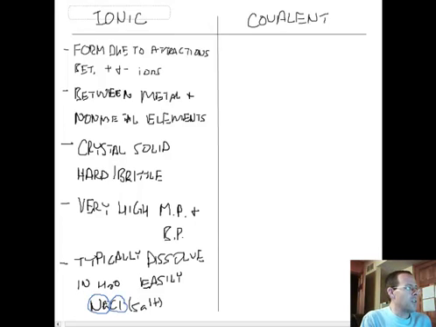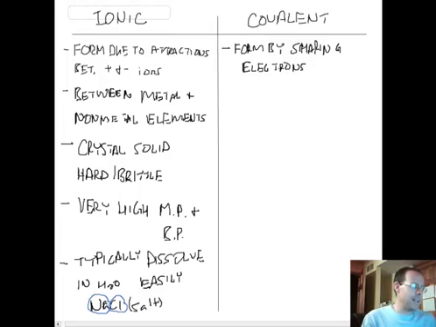Alright, so now we're going to contrast that with covalent compounds. Alright, in these there's no ions, but they form by sharing electrons. So there's no ions, that's why it's not called an ionic compound.